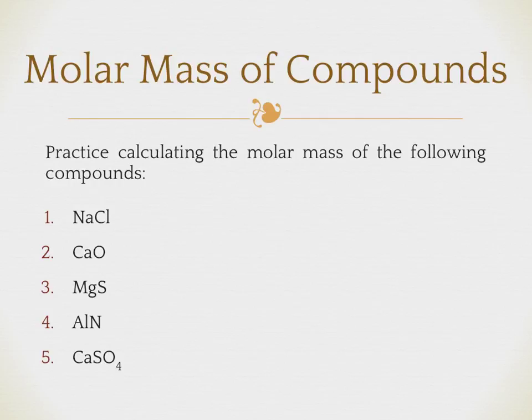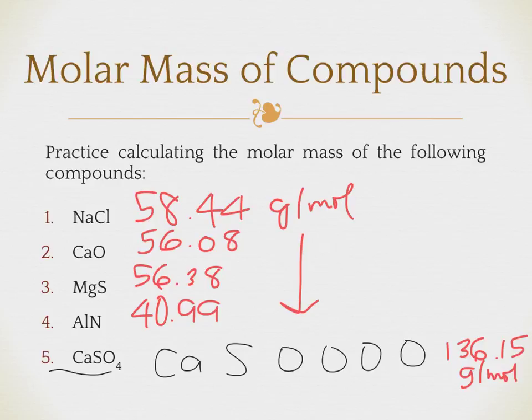So now I want you to take some time and practice solving for the molar mass of these compounds. Be careful here in number 5 though, there are 4 oxygens. So when you solve for this problem, solve for it by taking 1 calcium, 1 sulfur, and then adding together 4 oxygens to get the molar mass of the compound. Alright, so hopefully you got a chance to do these practice problems, and if not, I want you to go back now and actually work them out to make sure that you get these answers.